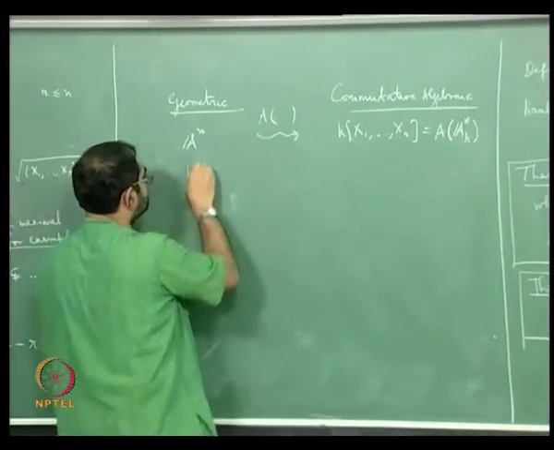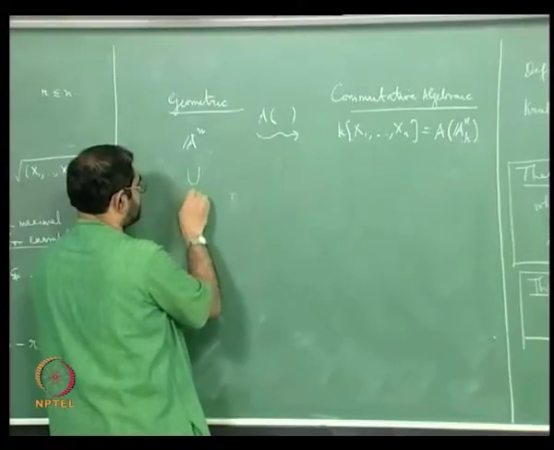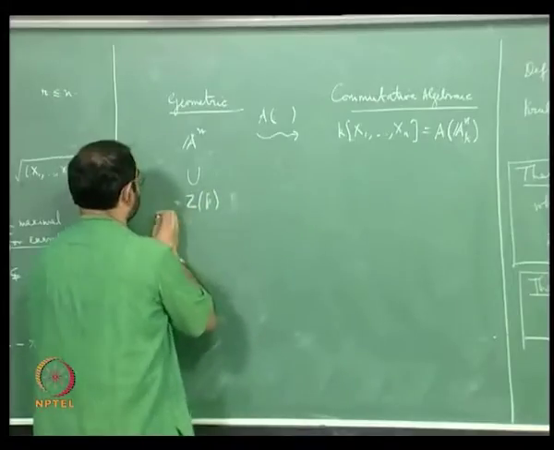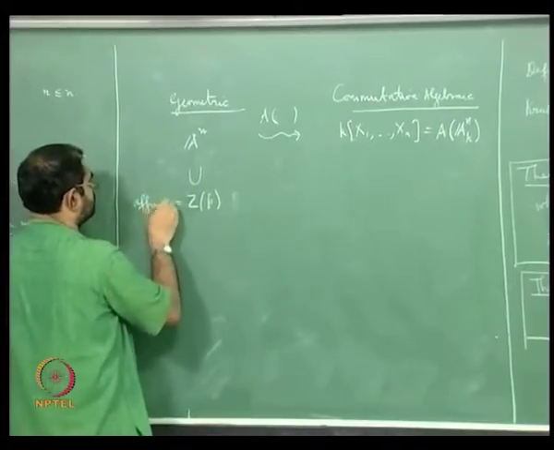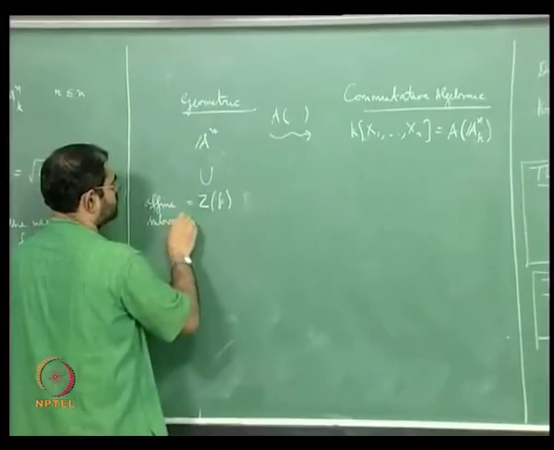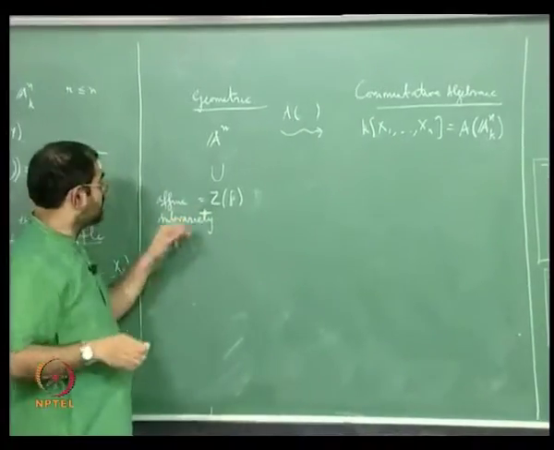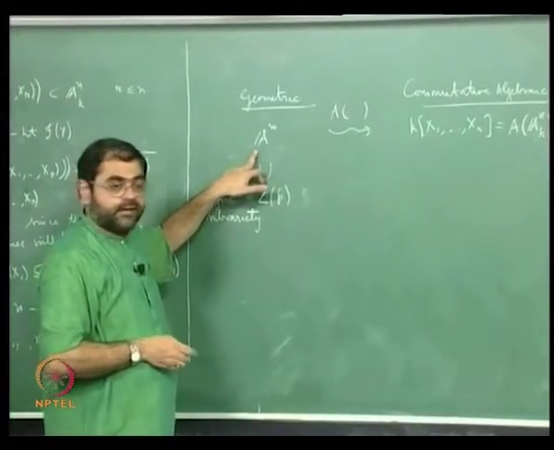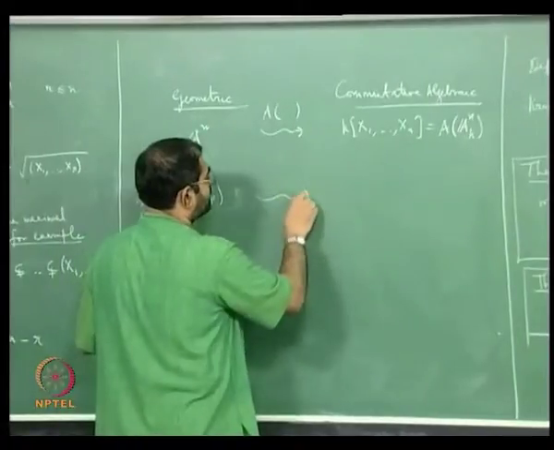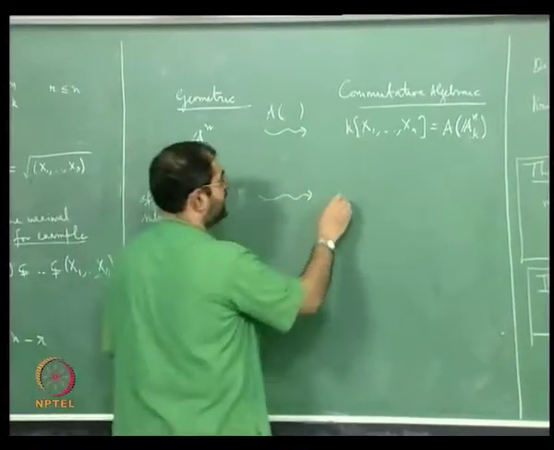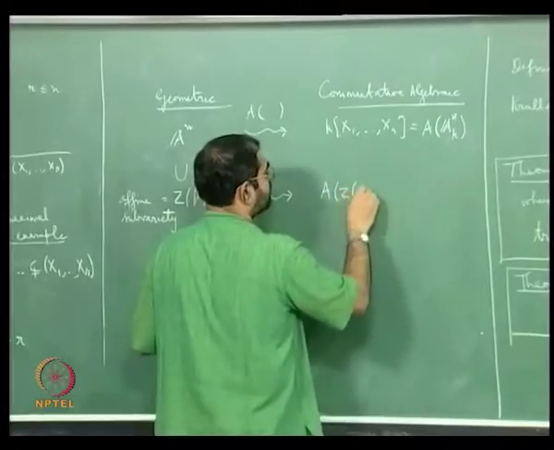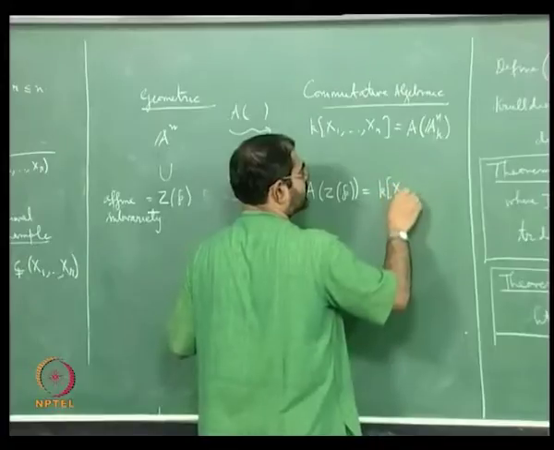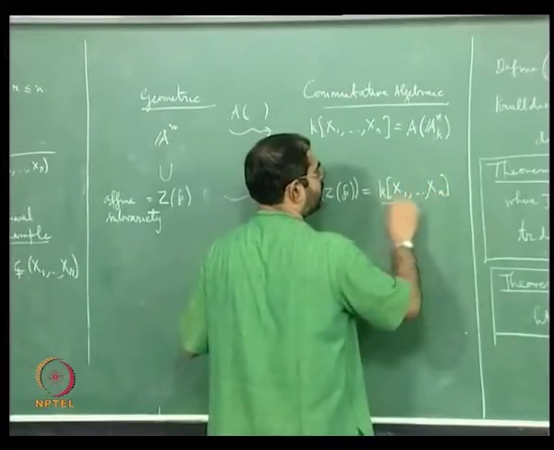If you give me z of p, an affine subvariety, which is an irreducible closed subset of an, and if you apply this a, you will get a of z of p is just k of x1 through xn mod p.